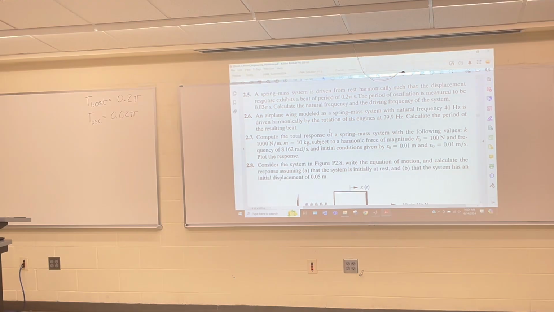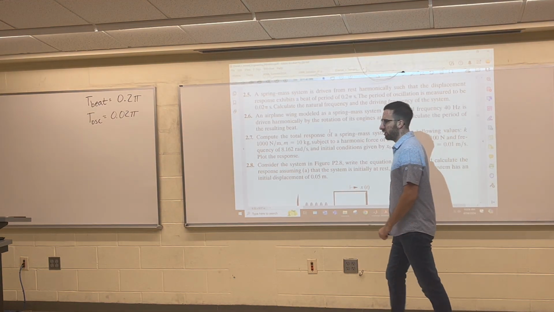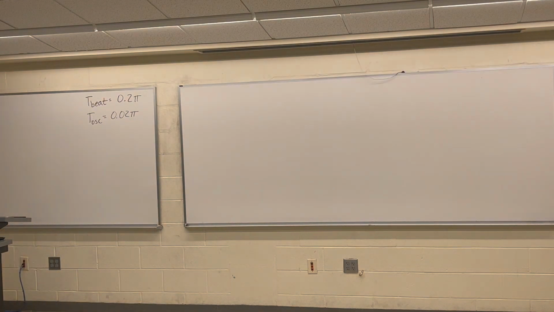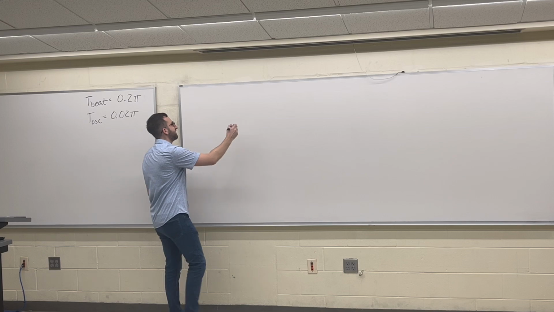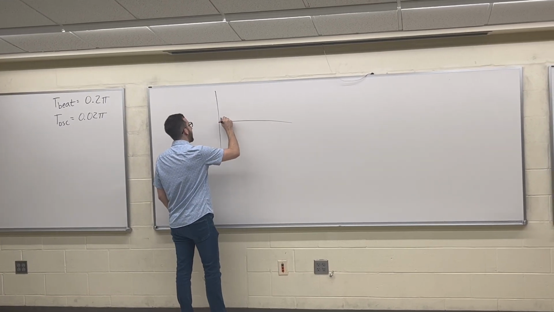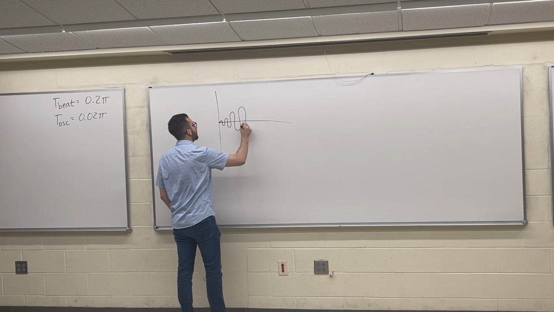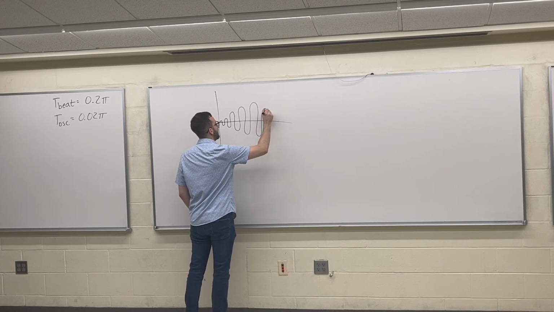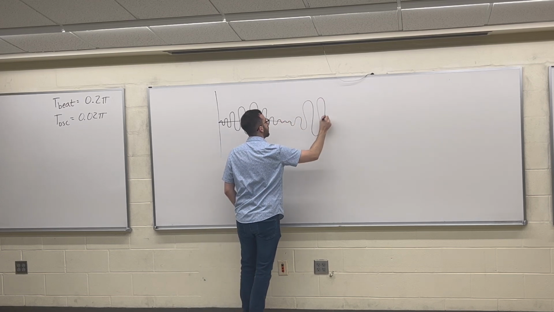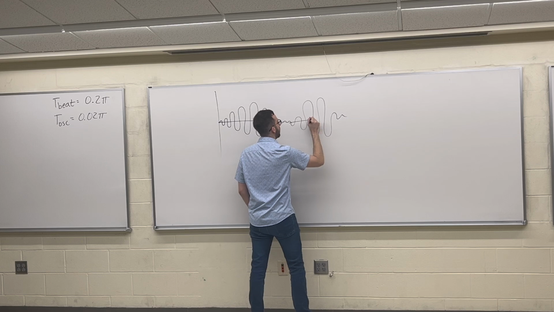So let's draw a picture of beating and try to understand what's happening in this problem. If you had a system that's beating, you have something that's growing, and then it's decaying, and then it's growing, and then decaying, and so on.